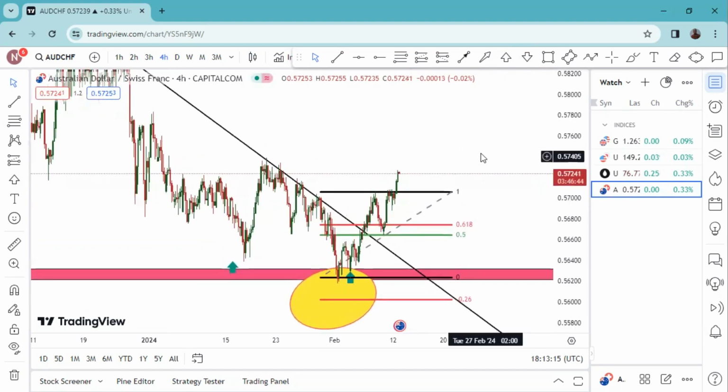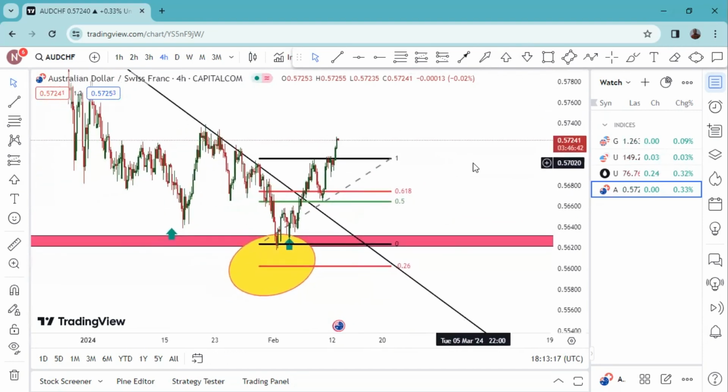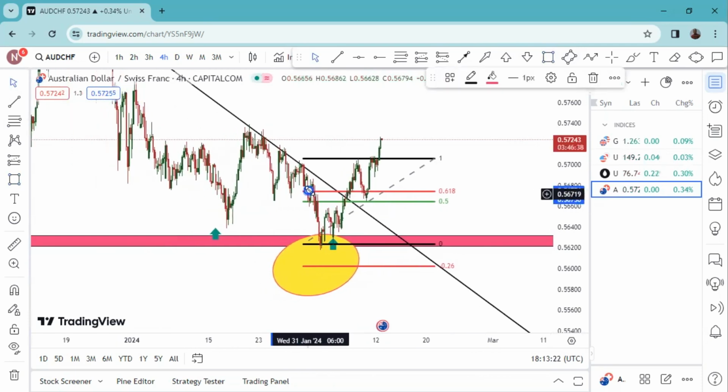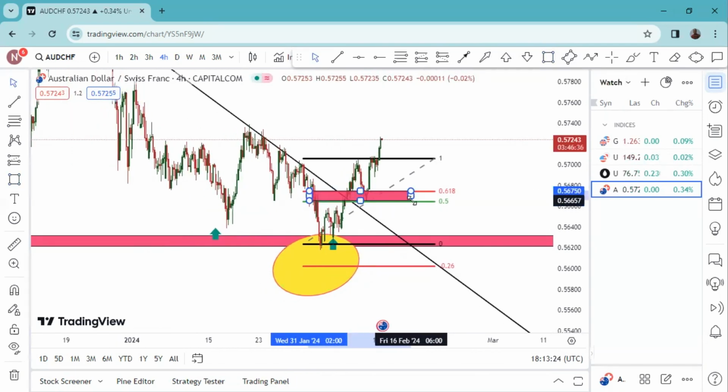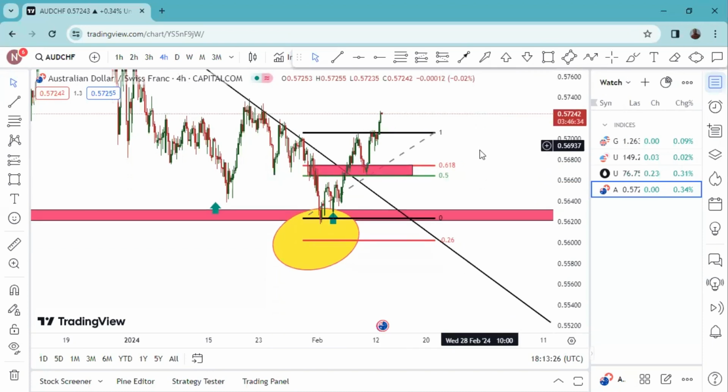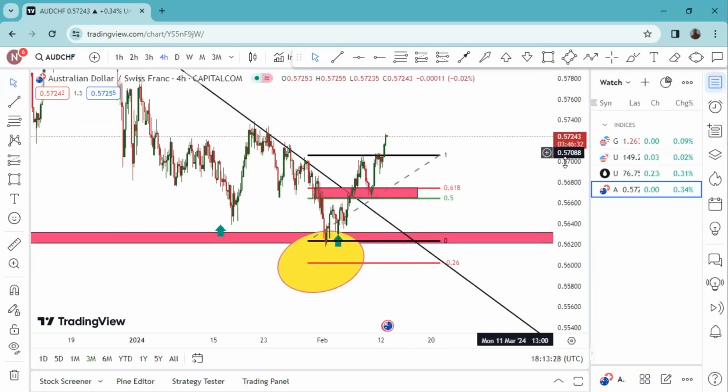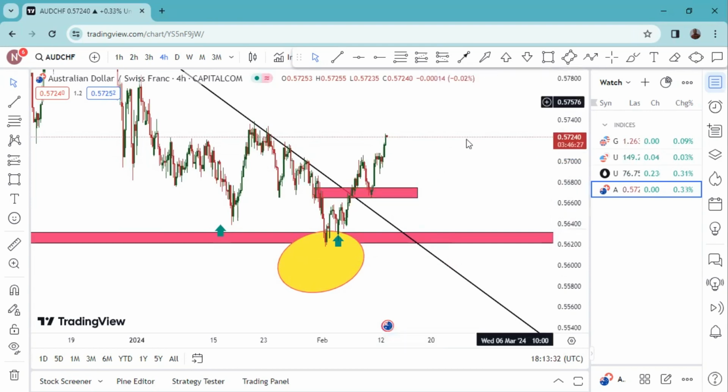Hope you can see clearly. Now, my 61 level is here. As you can see, guys, these are my 61 levels. The market just respected it.